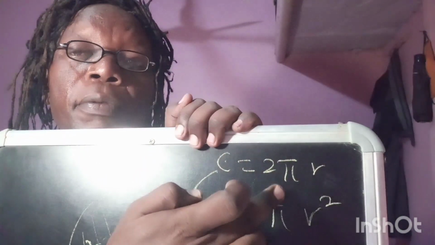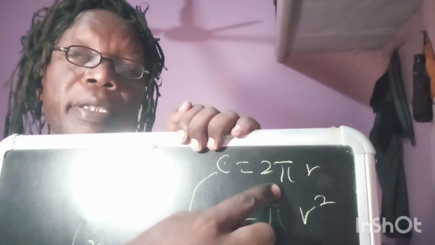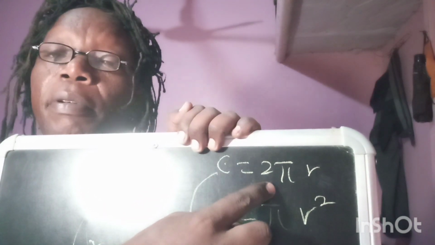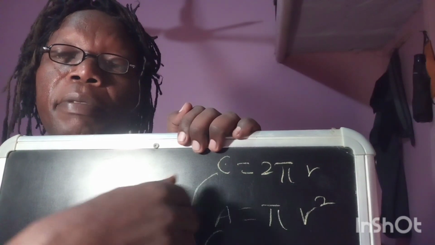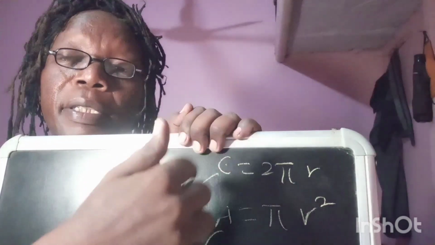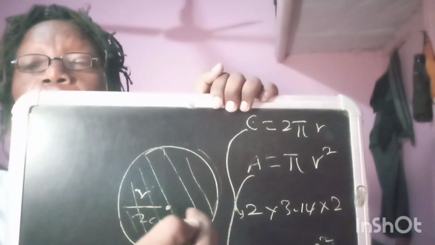Circumference is 2 pi r. 2 is the radius, pi has a value which is 3.14, times r, which is half of the diameter. The diameter is the full length of a circle, the radius is half. You must be knowing this. It's standard 7th grade maths.